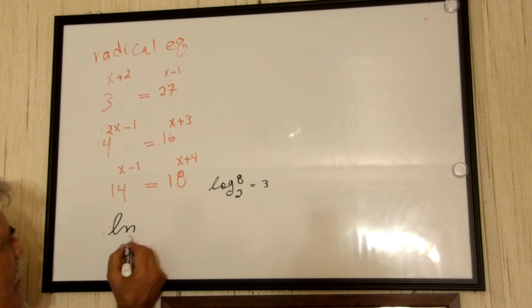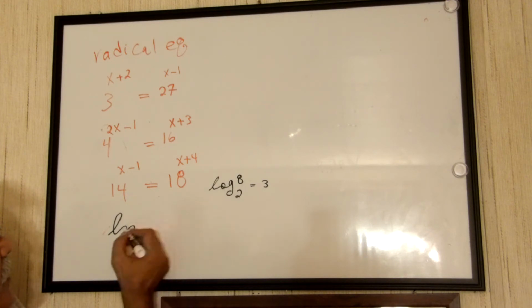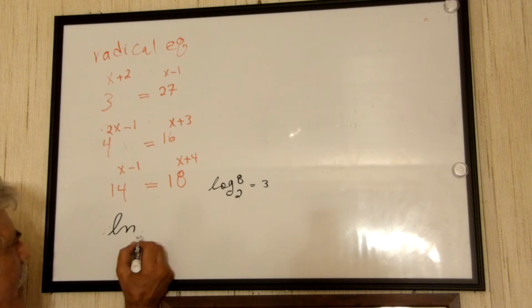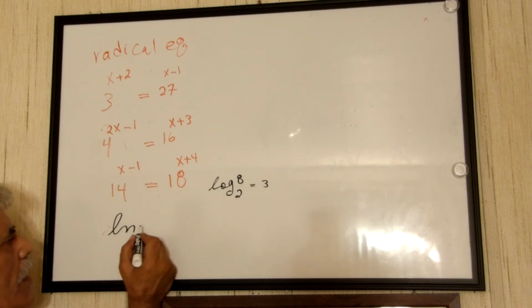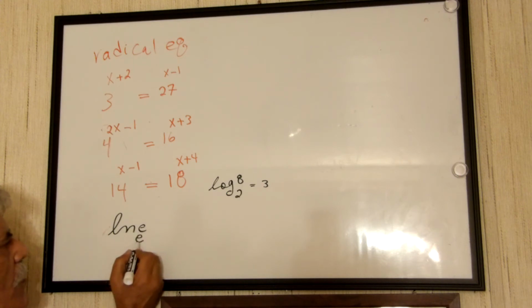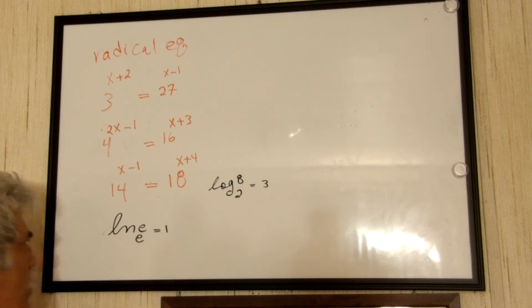If we have the difference between these two, natural log, the base is e. The base is e. So if we have something like this, natural log of e to the base of e is equal to 1. Why is it equal to 1?